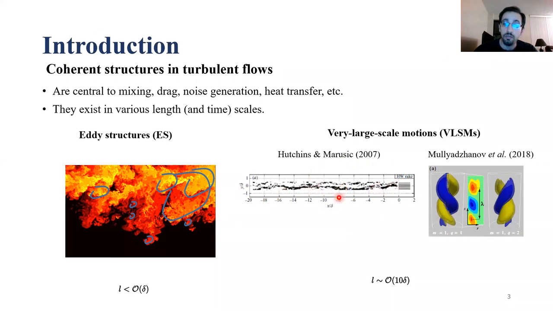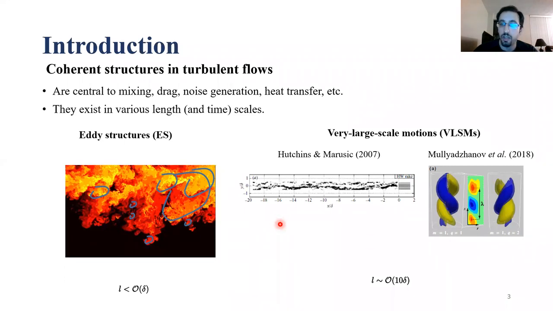So in the middle, the figure shows the streamwise velocity fluctuations in a wall-bounded turbulent flow on a streamwise-spanwise plane. This is a figure from Hutchins and Marusic. The dark regions show the low-speed regions in the flow. You can see the length of these structures can be as high as 20 times the boundary layer thickness.